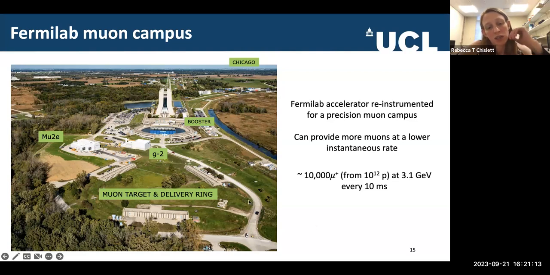So the protons get smashed into a target to produce pions, and the pions decay as they go around the delivery ring, so that by the time they reach the g-2 building, we can inject a pure beam of polarized muons. And the reason that we moved to Fermilab was because the accelerator can provide us with more muons at a lower instantaneous rate, which improves the ability to make the measurement.